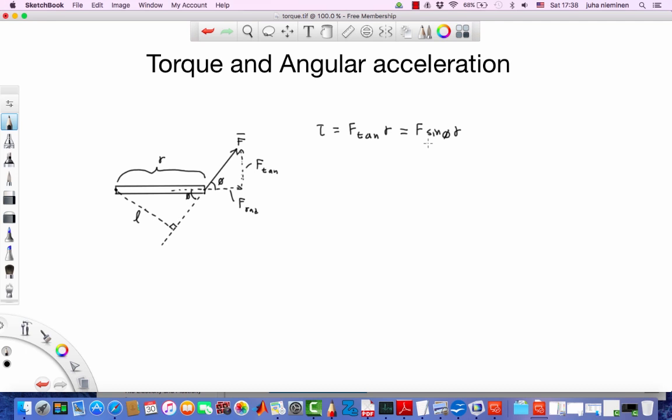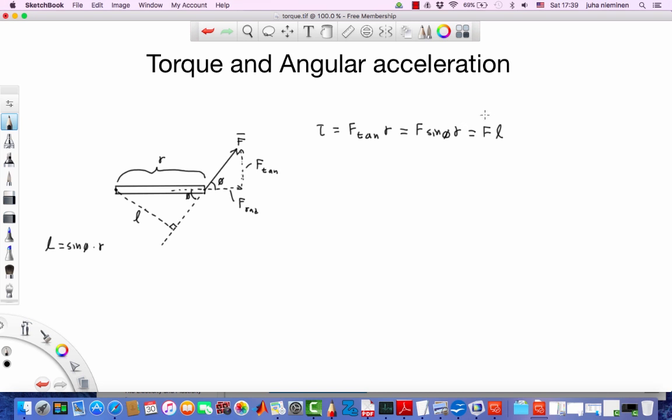So L is going to be sine phi times r, the hypotenuse. So we can also express this as F times L, because L equals sine phi times r.